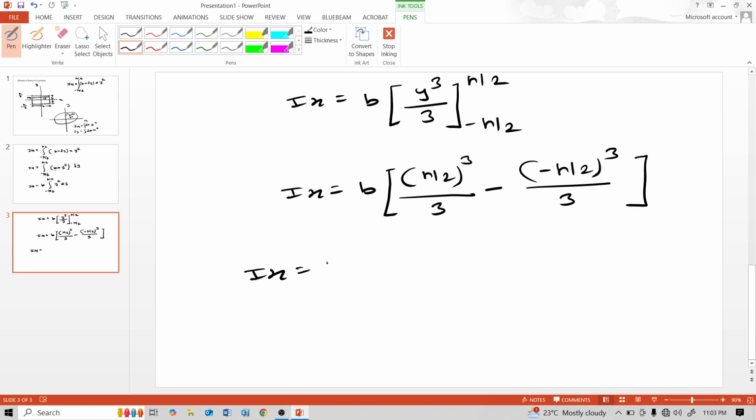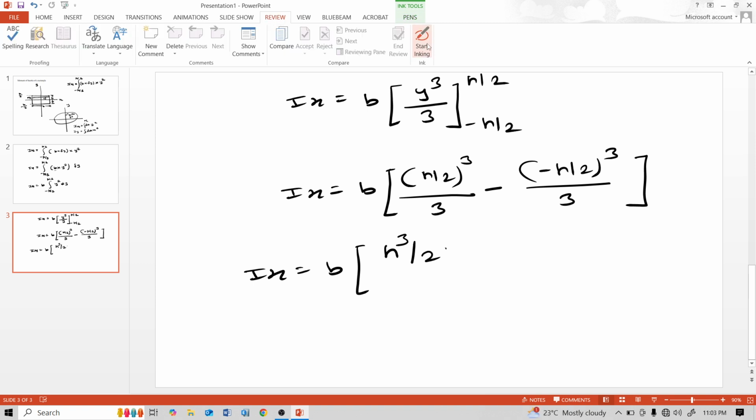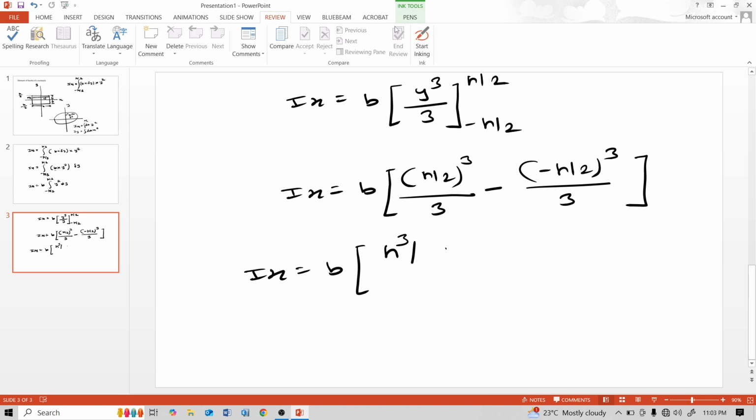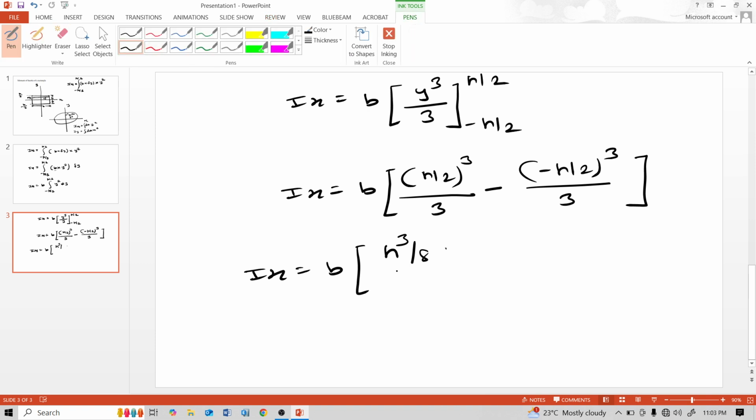Ix is equal to b into h cube by 2 cube, which is 8, upon 3, minus h cube upon 2 cube, which is 8, upon 3.